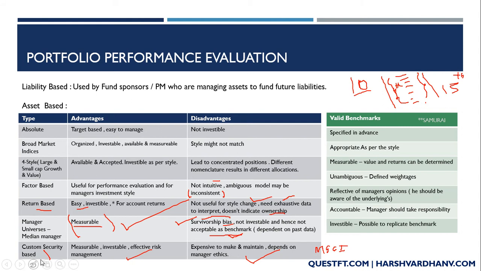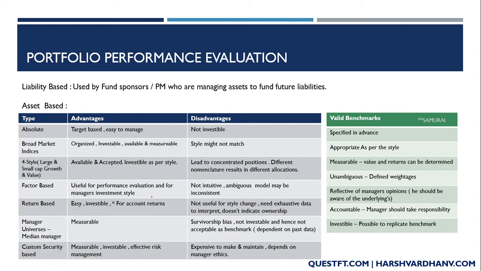So one thing that is repetitively asked across all questions in the AM section, and also in the CFA curriculum, especially in the AM section, is what is a valid benchmark. So for this, I have created a short form, SAMURAI.